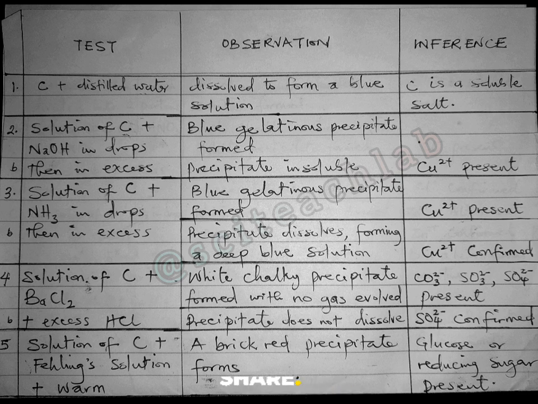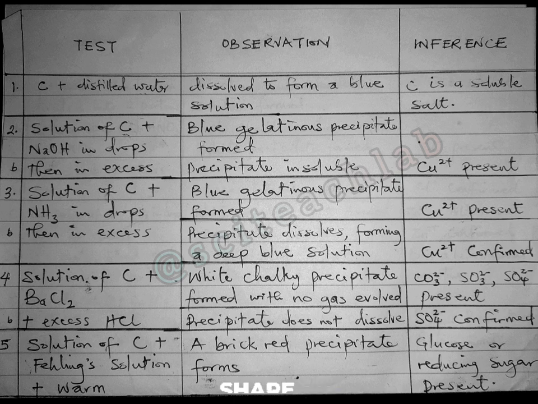Now if you are asked to find the sulfate ions, the negative sulfate anion, then the test is going to look like this. Take that solution of C, but this time we add barium chloride, aqueous barium chloride. So we dissolve barium chloride and then add it to C. We'll see that we have a white chalky precipitate.